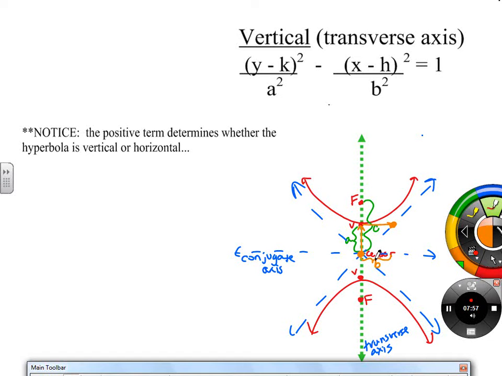So here the slope of our asymptote, the rise is a and the run is b, so it's a over b, and for the other asymptote, negative a over b. That's not the equation of the asymptote. The equation of the asymptote would be the equation of the line that has that slope and passes through the center point, but at least we know the slopes of the asymptotes.